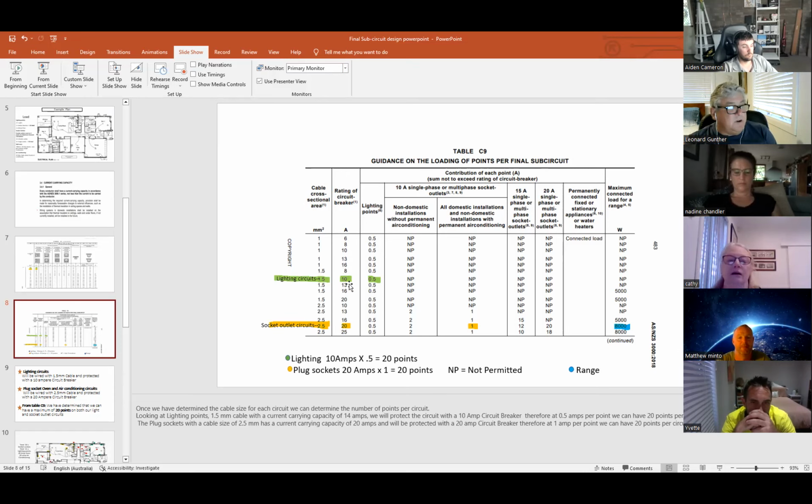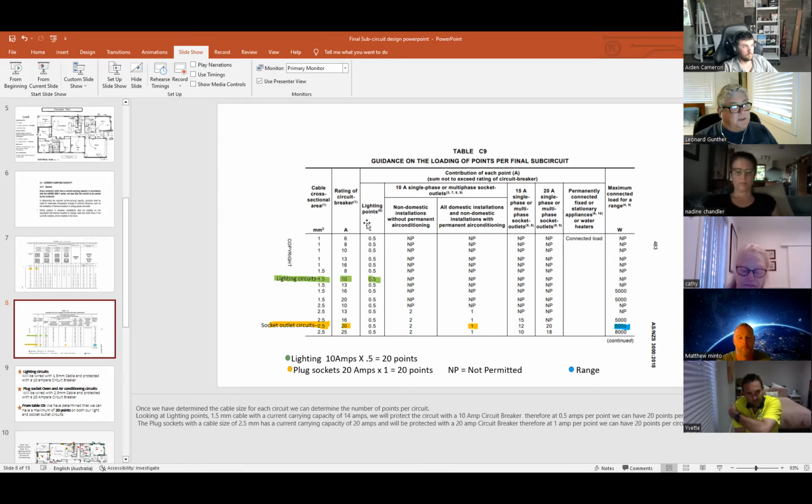When we get to the highlighted one at 10, what I prefer, and what every other electrician would prefer, is to run that on a 10 amp circuit breaker, which is fairly common. You don't want to go and buy a 13 amp one because you probably wouldn't buy one anyway, and if you did, it'd cost you an arm and a leg. So the standard there is a 10 amp.